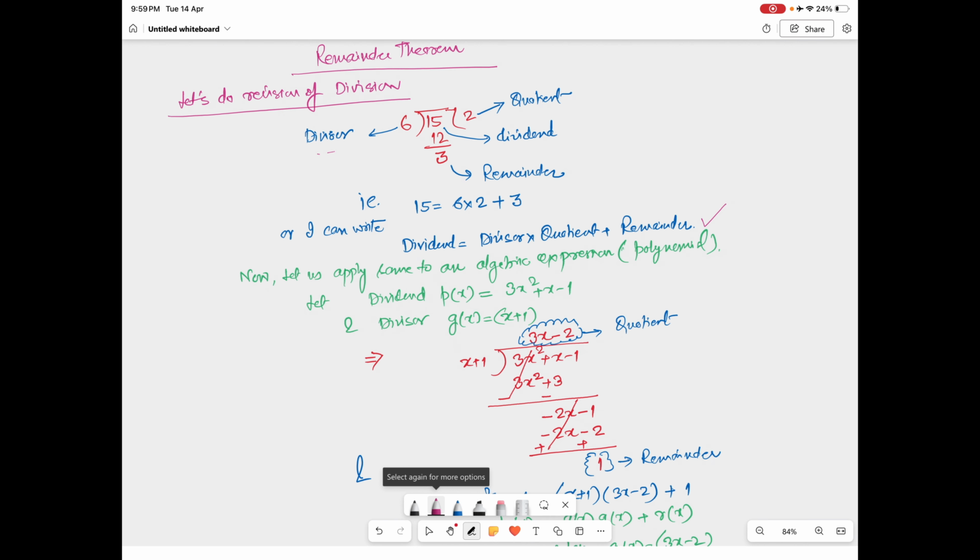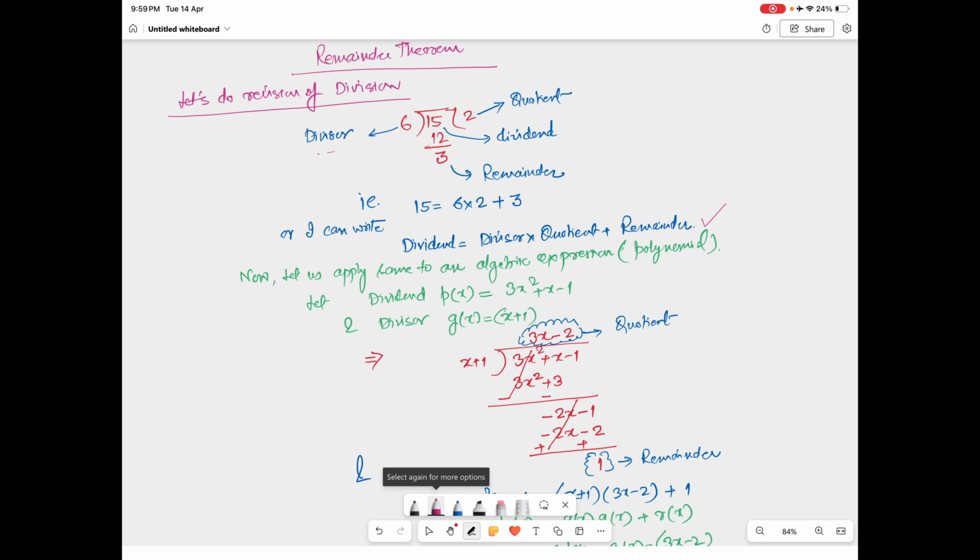Now, I am going to apply the same concept on algebraic expressions, that is polynomials. So, the same thing we are applying here to polynomials. Here the only difference is we are not having a simple number. Rather, we will be dealing with a polynomial.